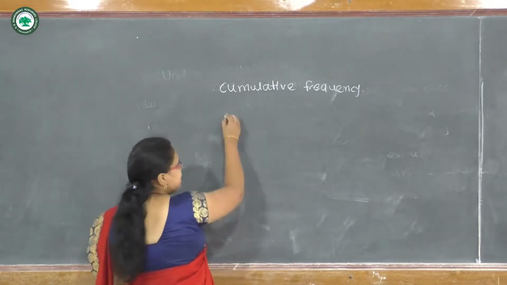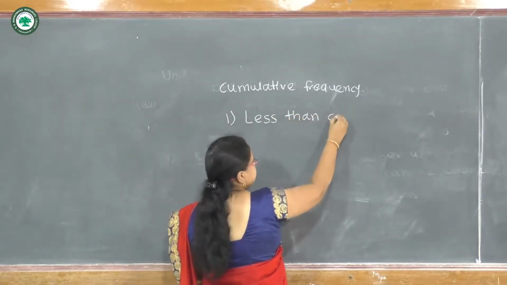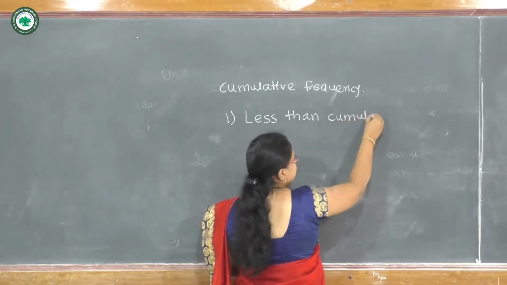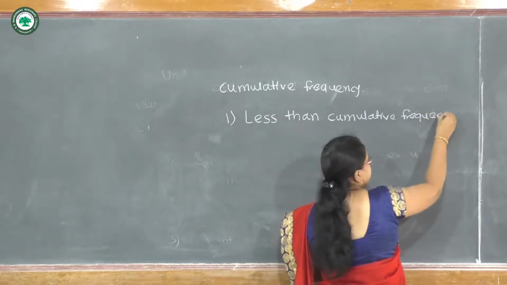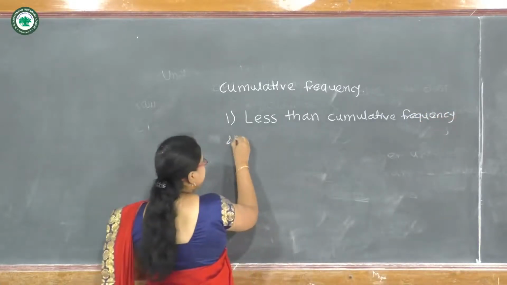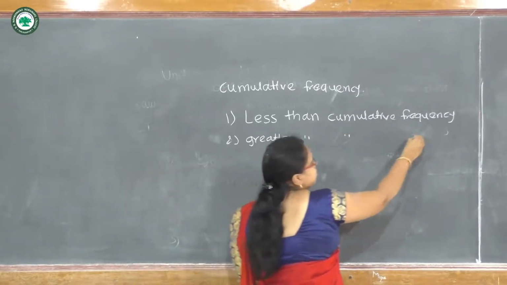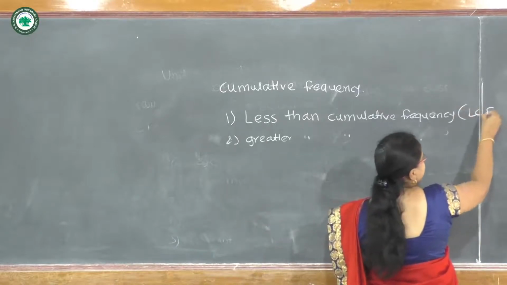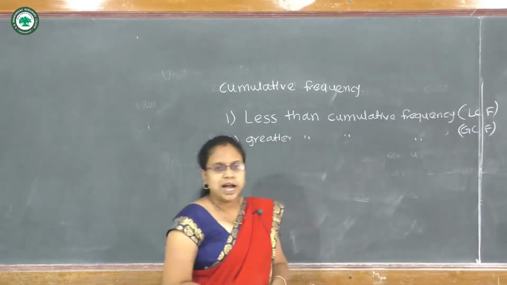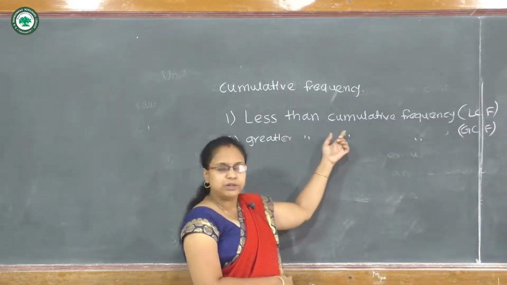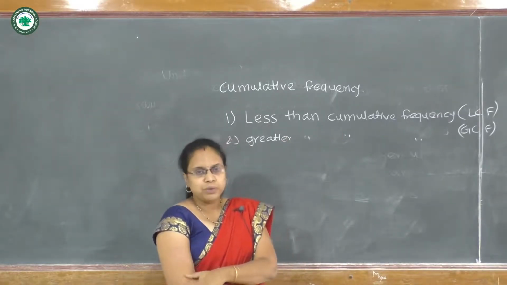First is less than cumulative frequency, and second is greater than cumulative frequency. So they are denoted by LCF and GCF, that is less than cumulative frequency and greater than cumulative frequency.